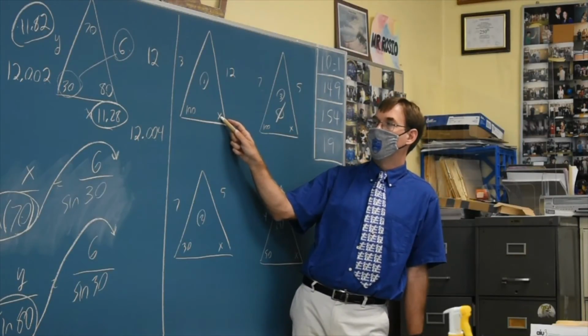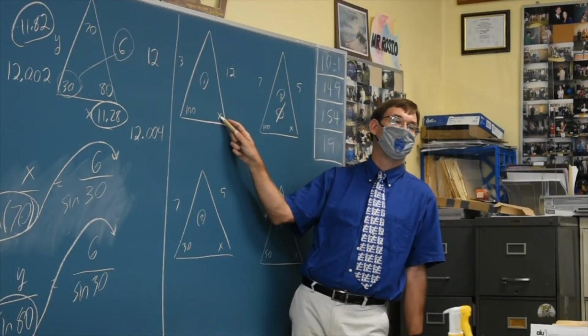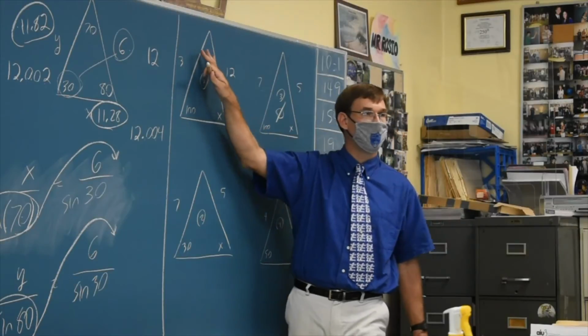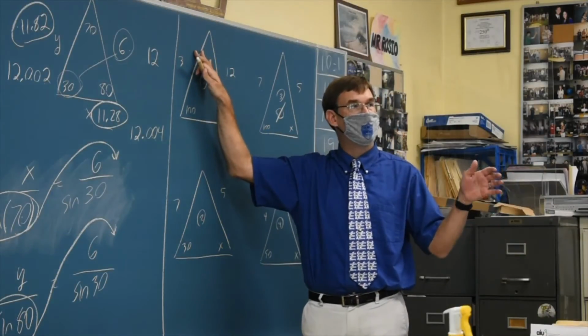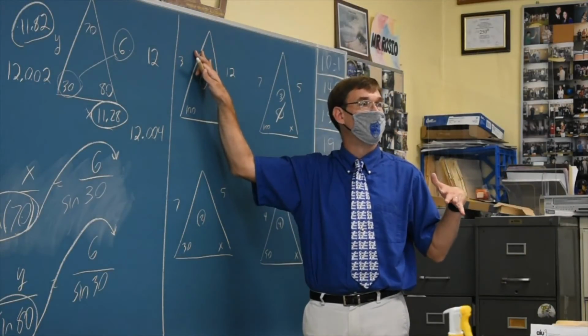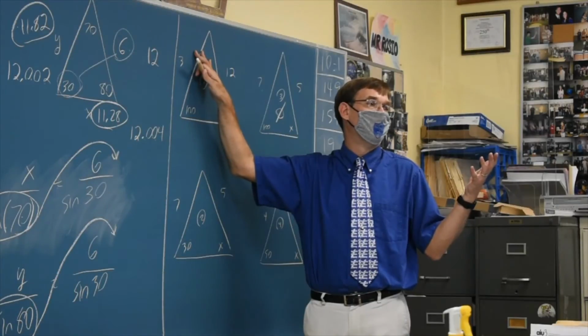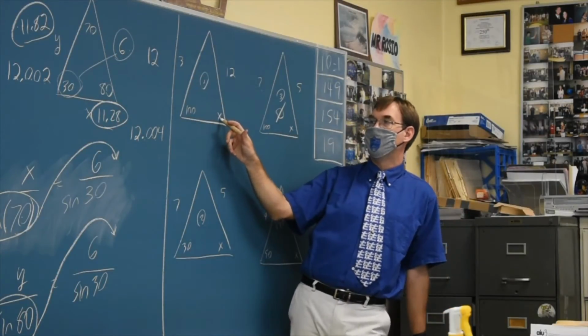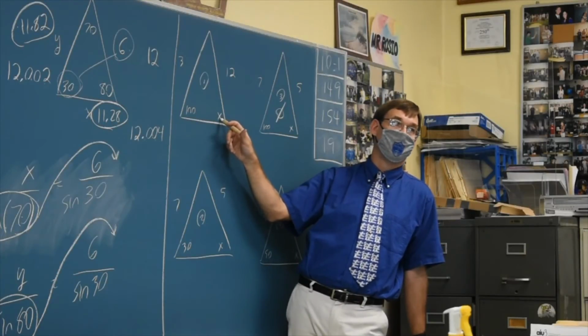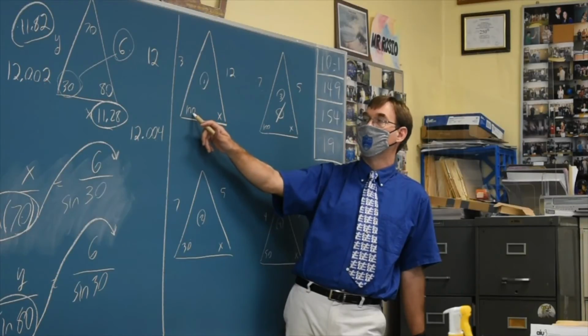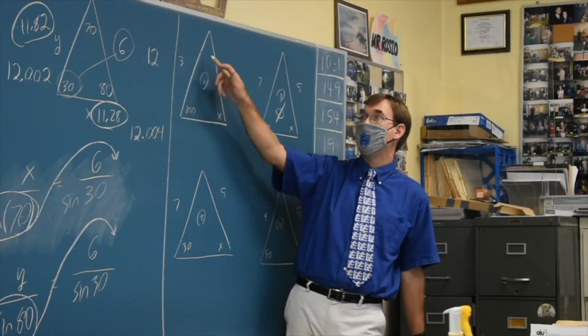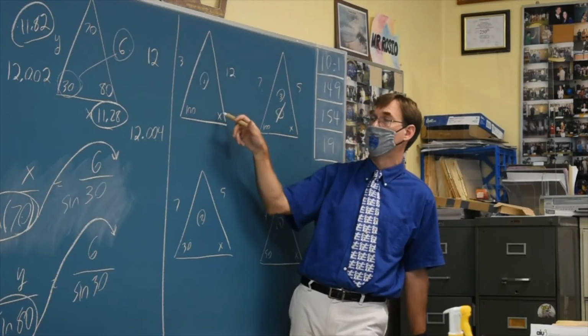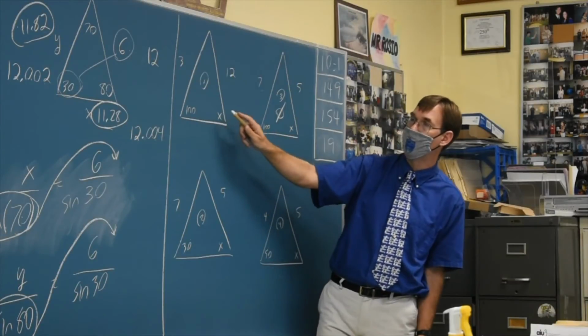Can somebody name me something less than 100 but still not acute? 90. Or 91. Why could this not be a 90 or 91 kind of thing? Because it's not a right triangle. 180 minus 100, you're only left with 80 to play with between the other two. So this is for sure acute.